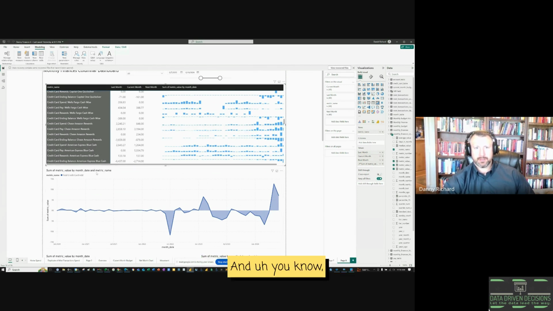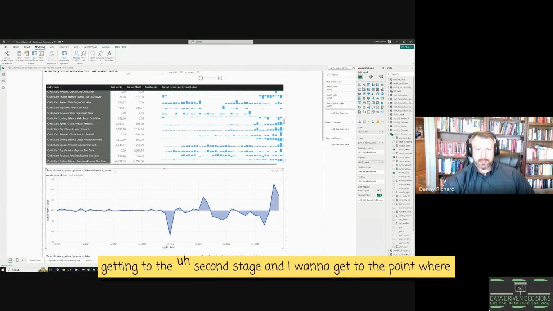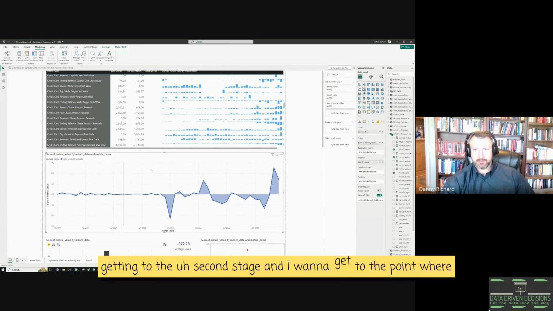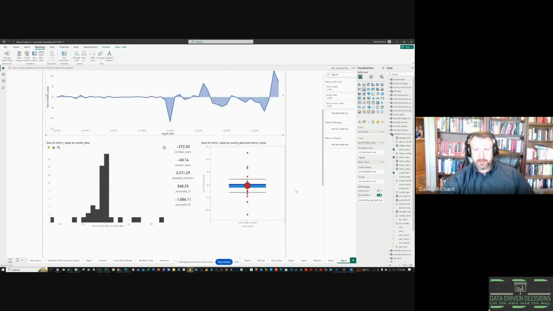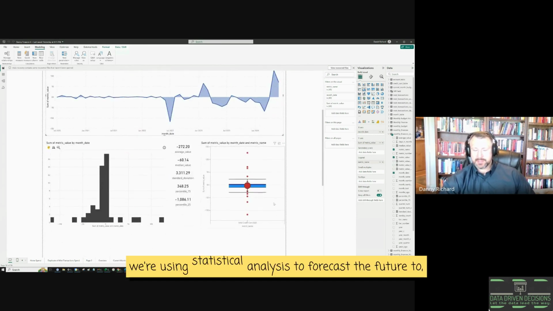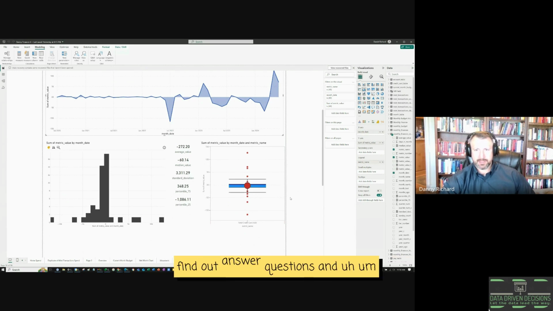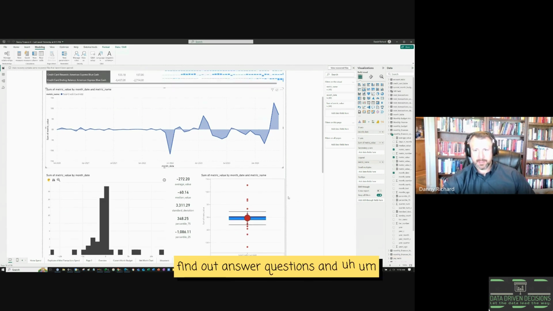And right now we're getting to the second stage, and I want to get to the point where we're using statistical analysis to forecast the future, to answer questions, and make this prescriptive.